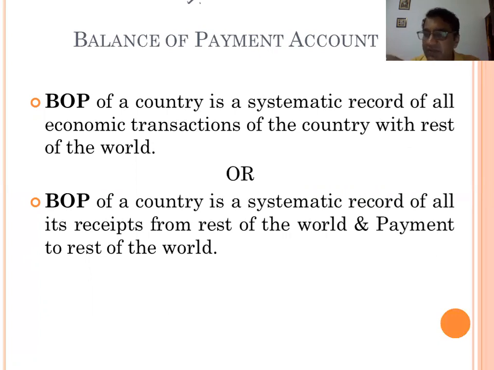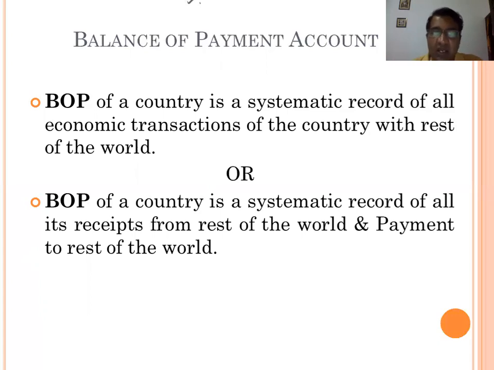The total receipts which we receive from another country, from export, payment for export of services, or maybe unilateral transfers, and then the total payments to the rest of the world, like import payment, import of services payment, or maybe unilateral transfers. The systematic record of the difference is called the balance of payment account.